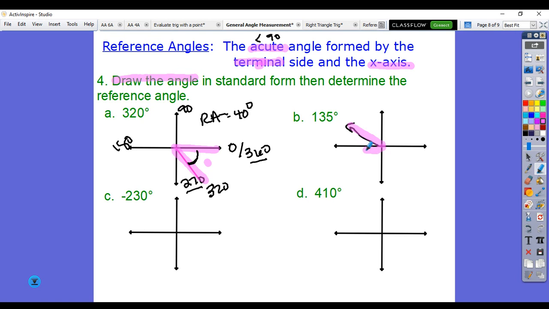This time I need to go to the left to make an acute angle less than 90. So if this is 135 and this is 180, how many degrees are in between? 180 minus 135, my reference angle, RA, is 45 degrees.